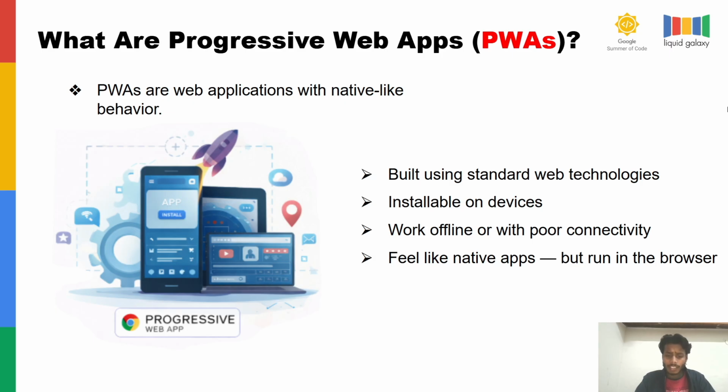Using caching and background logic, a PWA can load even when the internet is slow, continue working without connectivity, and provide a smooth user experience. This is very important in a real-world environment where connectivity may not always be perfect. Third, PWAs feel fast and responsive.